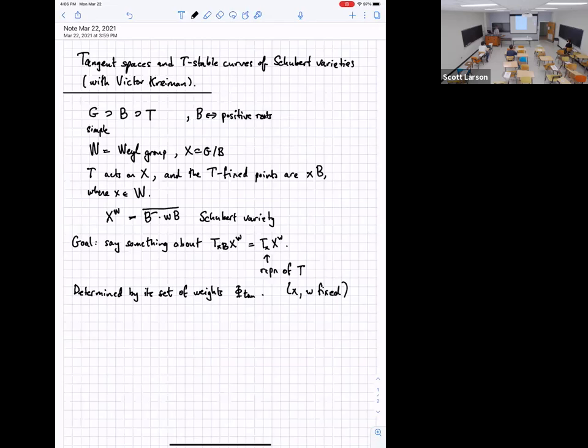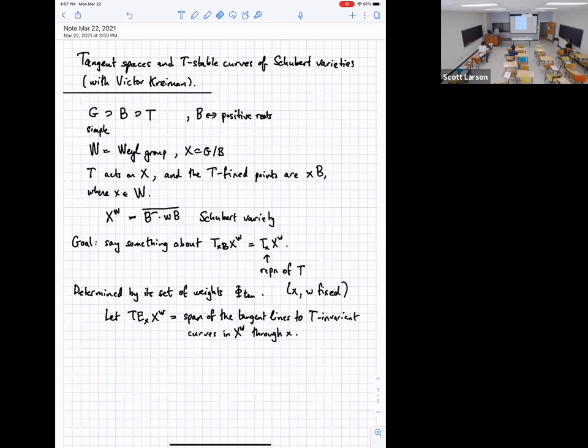Now there's another geometric object which is related to this, which is much better understood. Let T^e_x(X^w) be the span of the tangent lines to T-invariant curves in X^w through x, really xB.